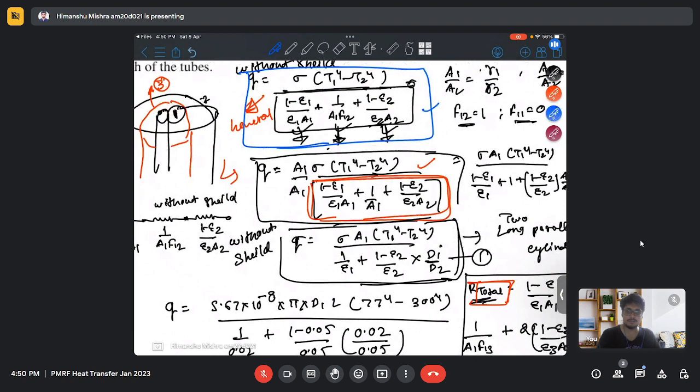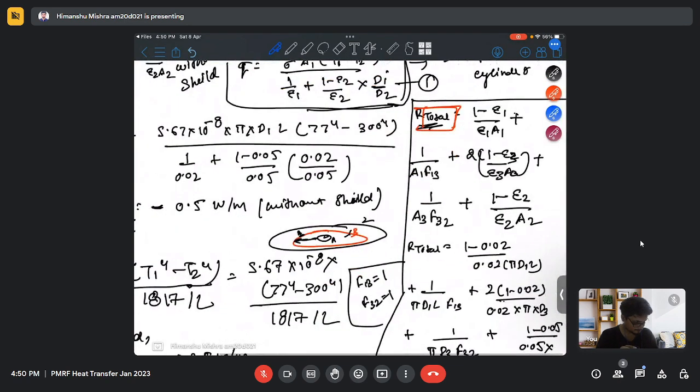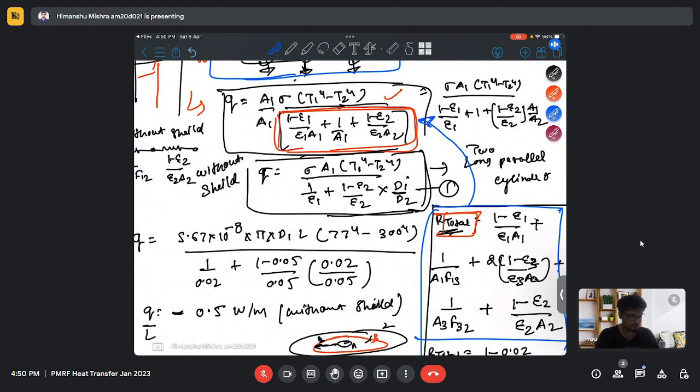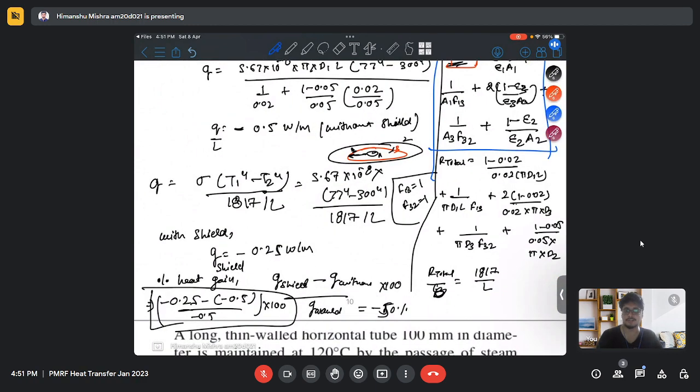Then we added a third cylindrical surface between the two, which is a shield, and modified the total resistance. We put it back into the general expression with the modified resistance because now there are three surfaces, and again found the heat transfer. Then we found the total gain or loss of heat when we add the third surface. So we found it is a loss of minus 50%.